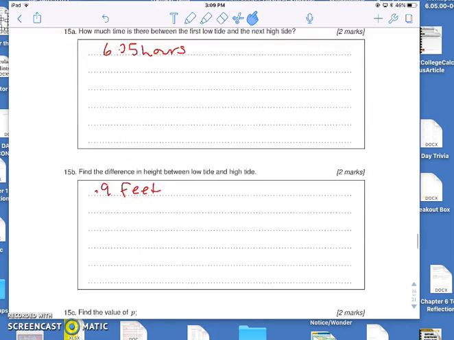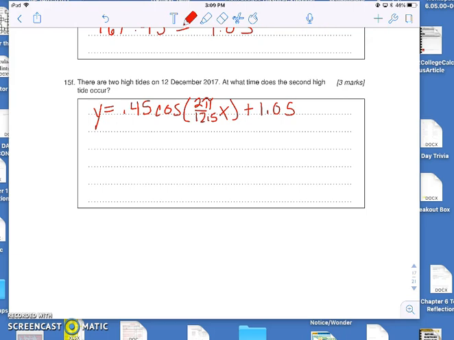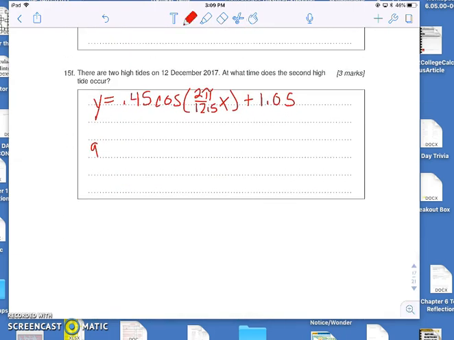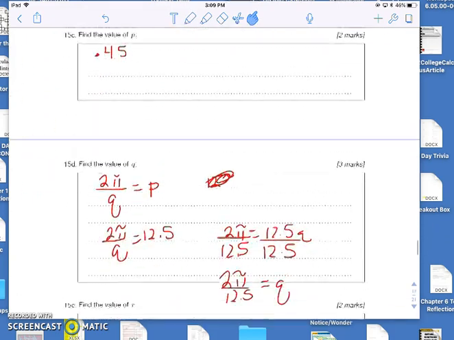So we could make a list here. So at 9, was it a.m. or 9 p.m., was a high tide. And that was on December 10th. So we said a high tide occurs every 12.5 hours.